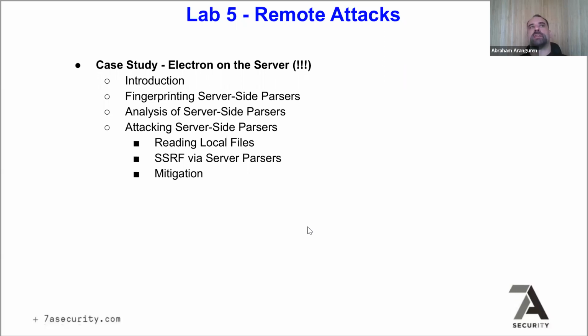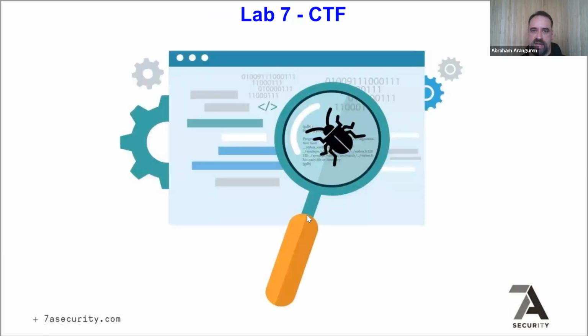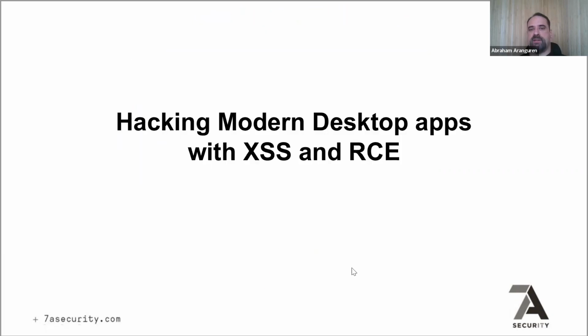So you can sometimes hack the web server by using the Electron hacking techniques, which is pretty cool, right? So there's a lab dedicated to that, and then another one about privilege escalation and so on, and then there's another CTF after that.